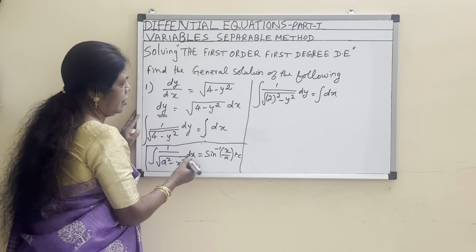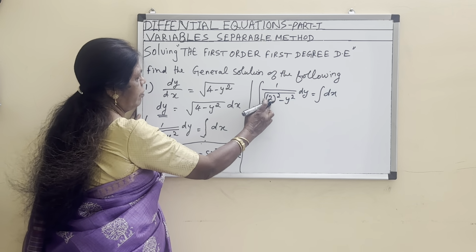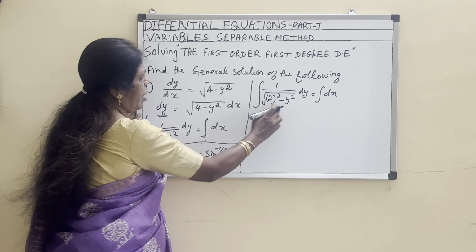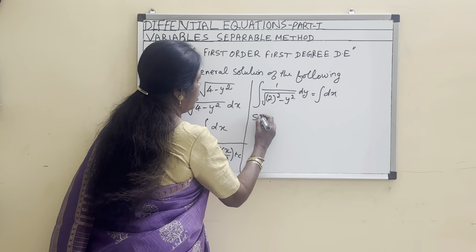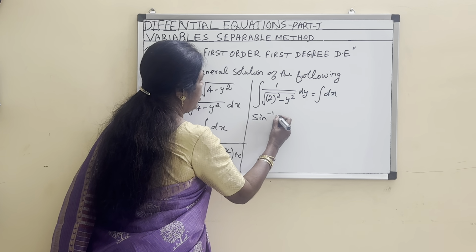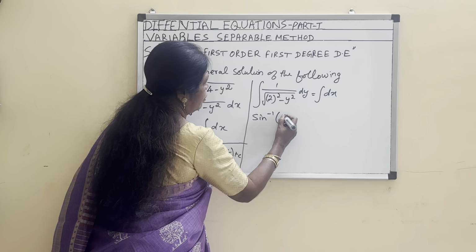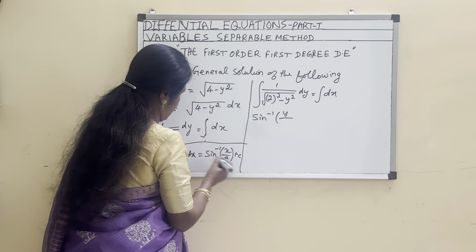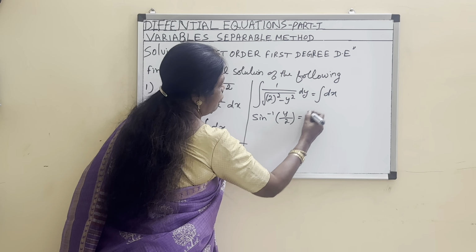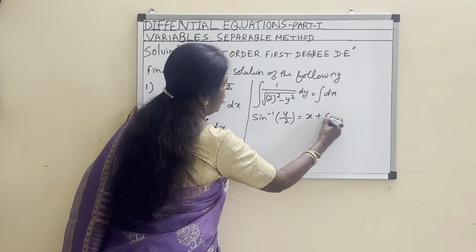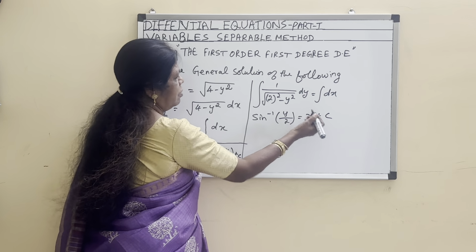If you are comparing this, in the place of a you are having 2, in the place of x you are having y. So I will write it in this form: sine inverse of y by 2 is equal to integration of dx, which is x plus c. Right. So we can keep it as the general solution.